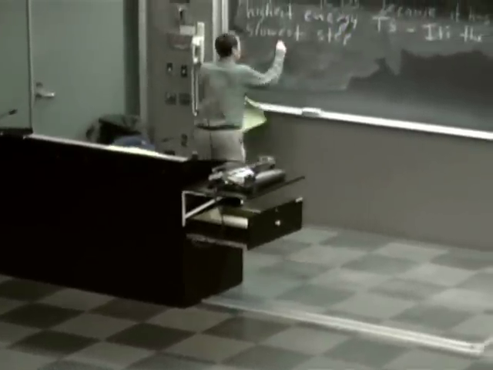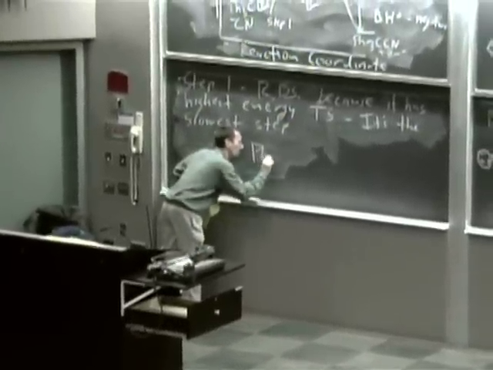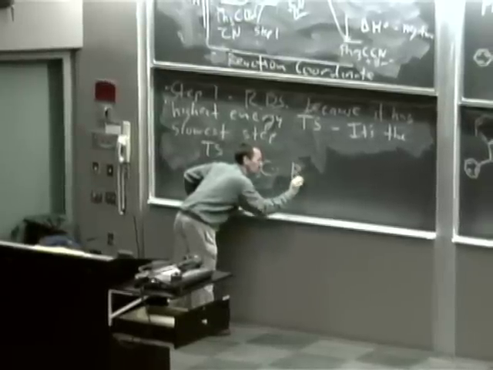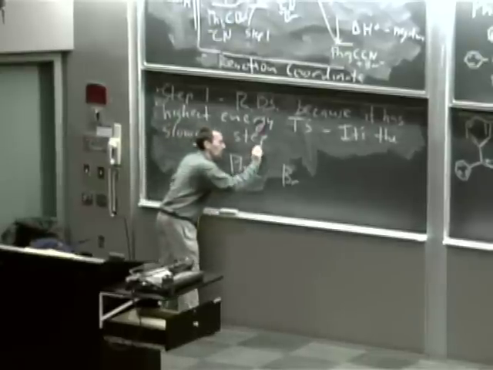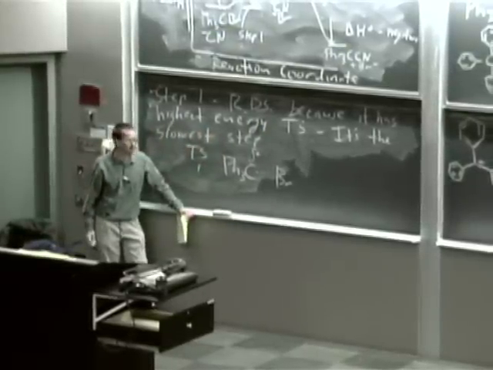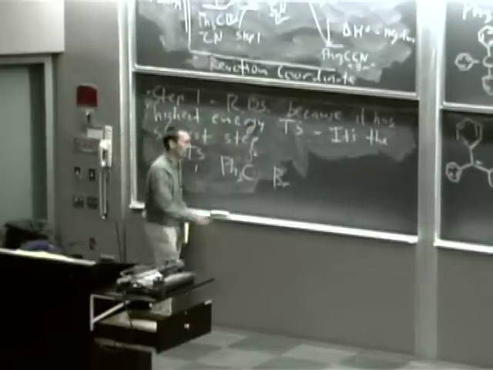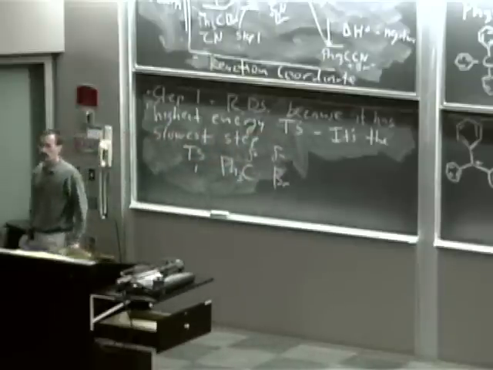So here's what transition state 1 looks like. In transition state 1, we're breaking the bond to the bromine. The bond has gotten longer. We're starting to develop a positive charge on the carbon. Delta positive indicates a partial positive charge. We're starting to develop a negative charge on the bromine.